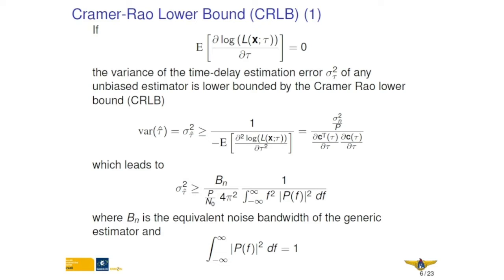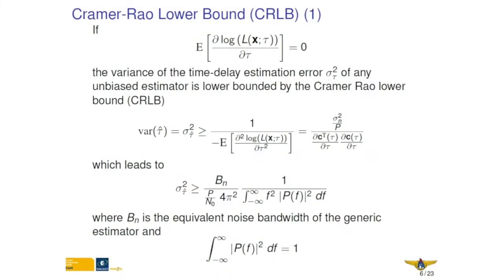But on the other hand, we have also this term here, which is only dependent on the shape of the chip pulse shape, right? So we can influence with the signal design the accuracy of the estimation of this parameter. So the idea could be, let's design a signal that has a minimum lower bound, for example. We can discuss this in the following.